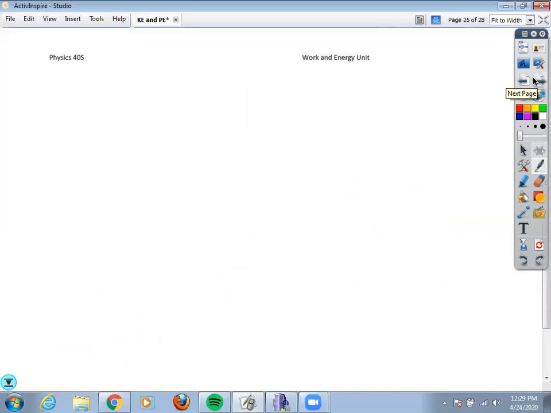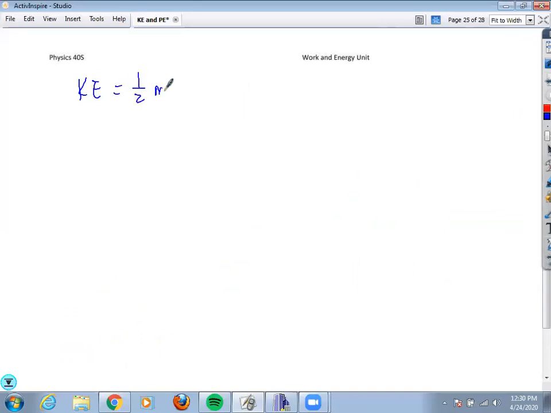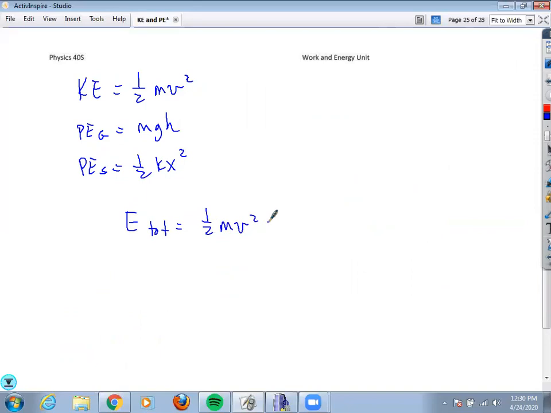Again, we know that kinetic energy equals 1/2 mv squared. Gravitational potential energy equals mgh. And elastic potential energy equals 1/2 kx squared. So if we wanted an expression for the sum total of energy, it would equal 1/2 mv squared plus mgh plus 1/2 kx squared.